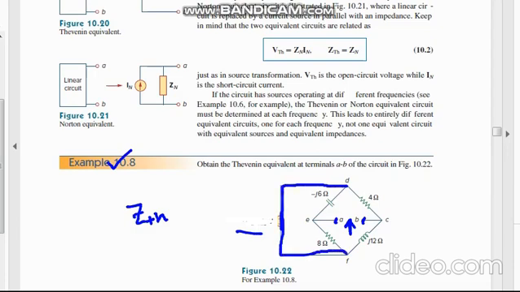If you redraw this circuit and make it more simplified, you can draw a straight line from here, which will be the common point between these two.